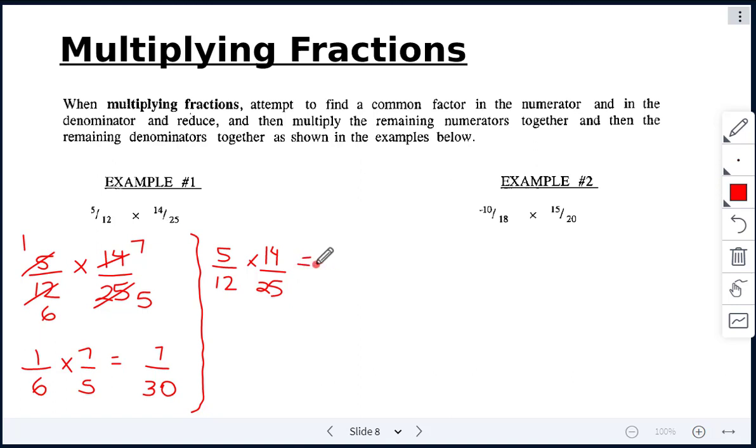So if we just multiplied our numerators together, 5 times 14, which is 70, and then 12 times 25, which is 300. And then you would reduce that further. And so 70 over 300, you would reduce that to 7 over 30.